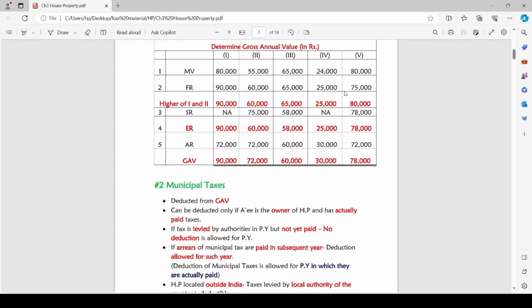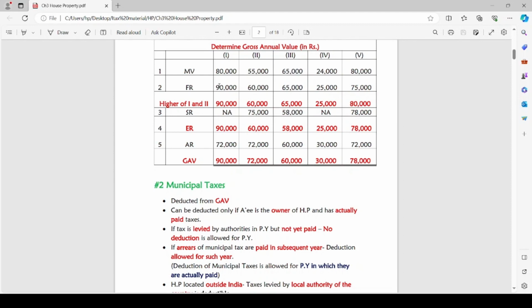Determine the gross annual value. The municipal value in the first house property is 80,000. Then the fair rental value of the same house property is 90,000. We have to take the higher of 1 and 2, that is 90,000. The standard rent is not given here, so we take 90,000, that is the higher of municipal value or fair rental value, as expected rent.